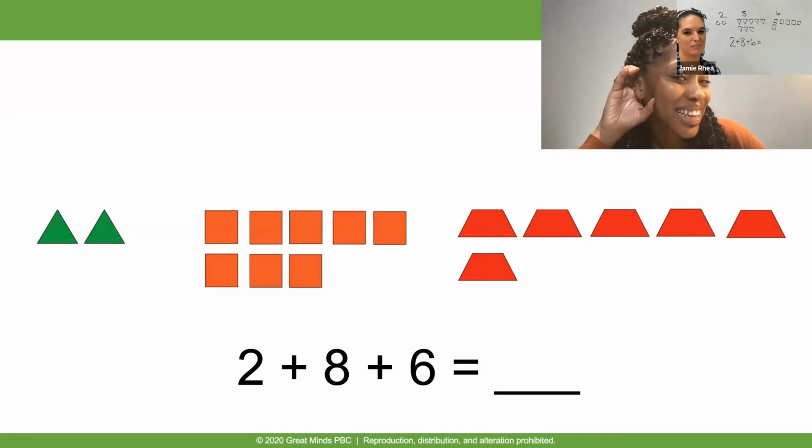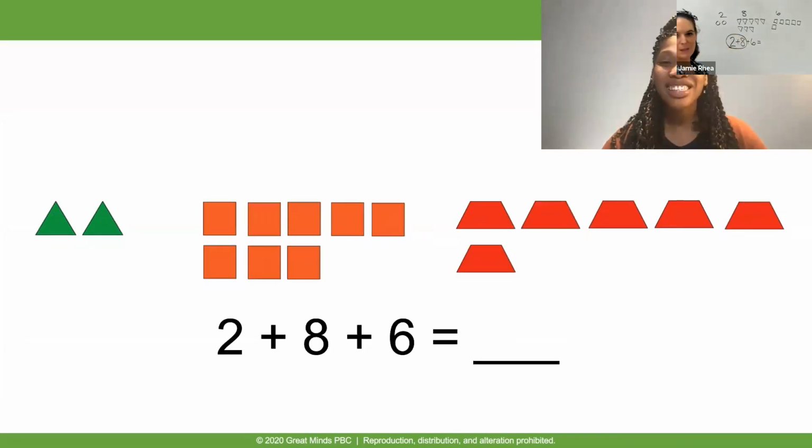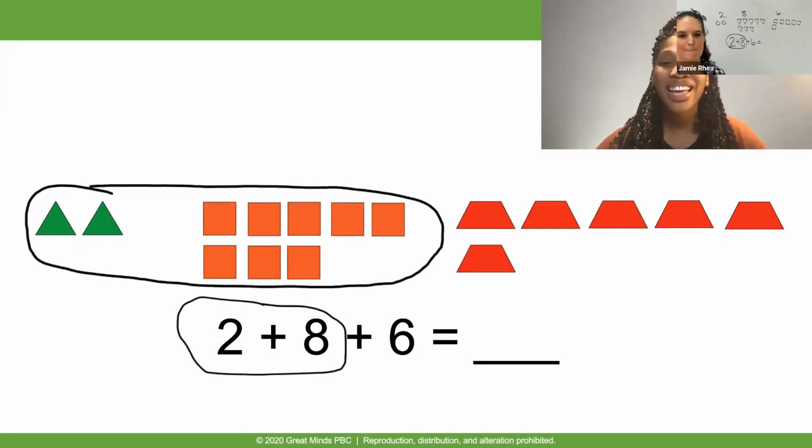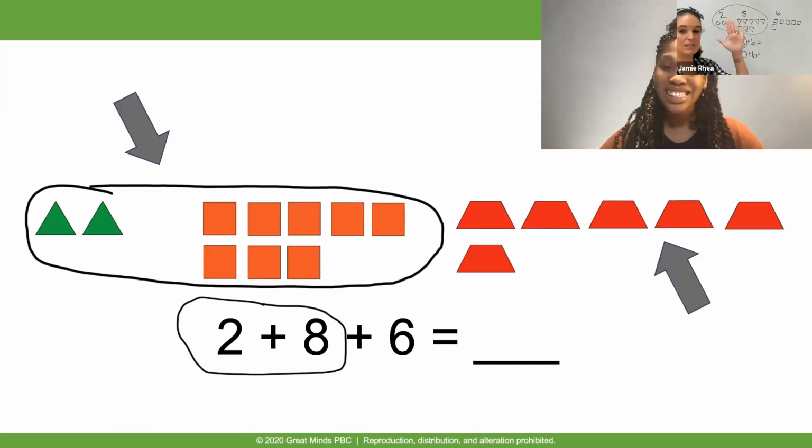Yes, 2 and 8 make 10. I'm going to circle the 2 and the 8 to make it one group of 10. So we have 10 and 6 more, which equals 10, 11, 12, 13, 14, 15, 16.